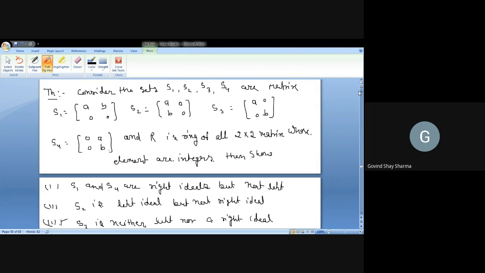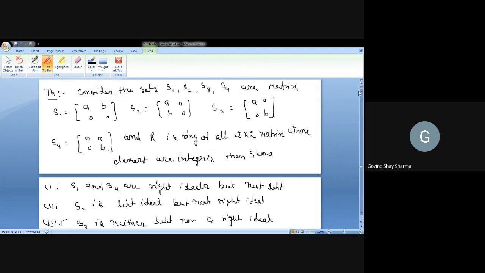Actually, this question is giving us that R is a matrix ring, and S1 is of this type, S2 is of this type, where a and b are integers. Then we have to show that S1 and S4 are right ideals but not left, S2 is a left ideal but not right, and S3 is neither left nor right ideal.